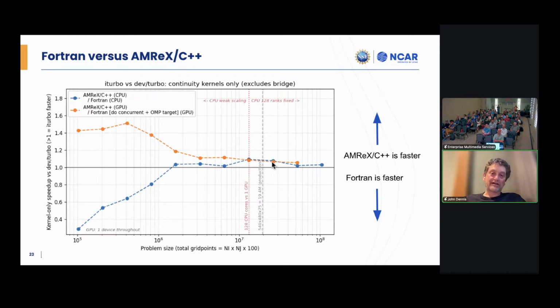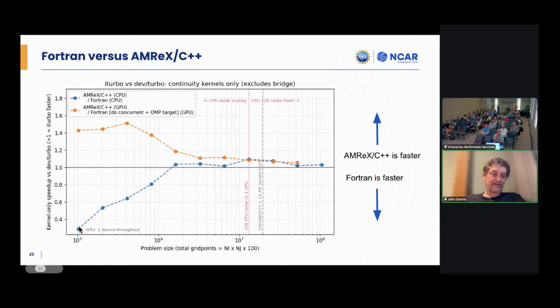Another thing I should note here, these vertical lines represent the problem size that's consistent with what is typically run in production. So AMReX is pretty consistently faster than the Fortran at problem sizes that are consistent with what you run in production.